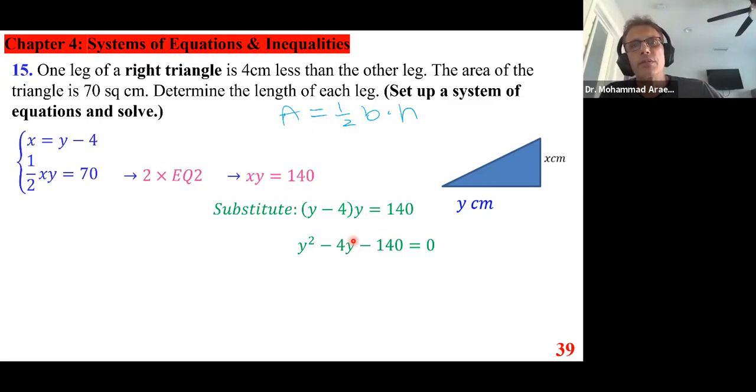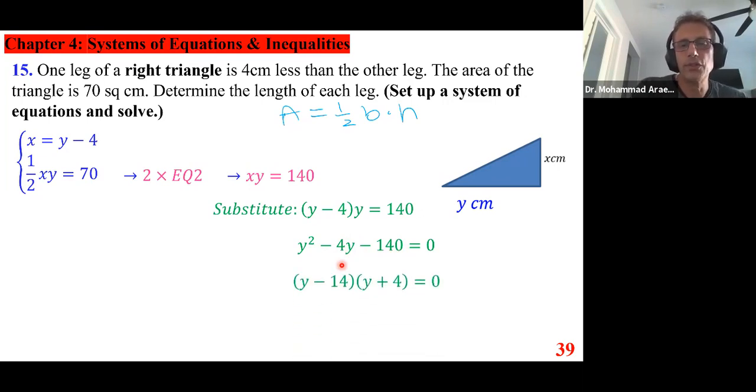We want two numbers. The product is negative 140 and the sum is negative 4. So those are fairly simple. Negative 14 and positive 10 will do the job.